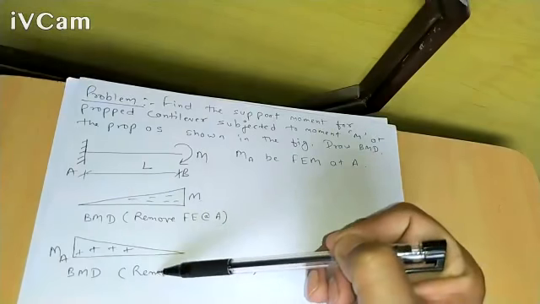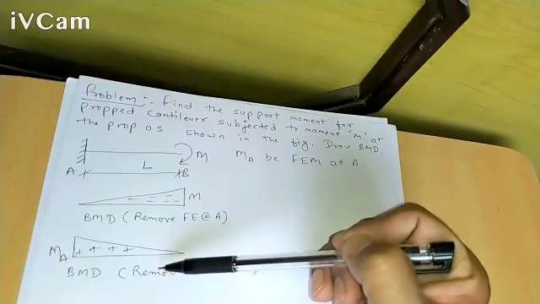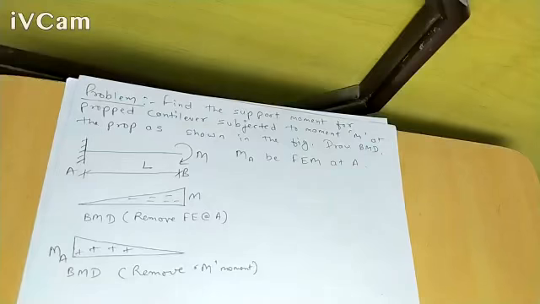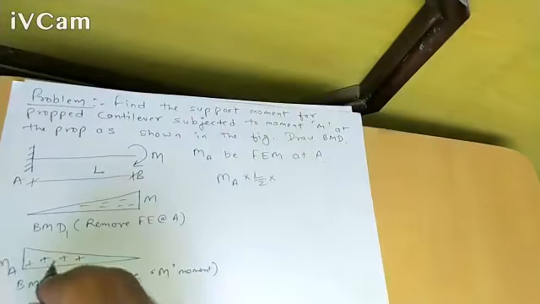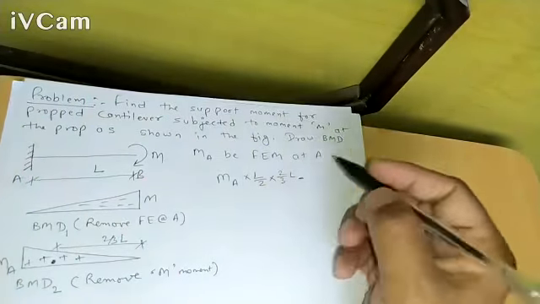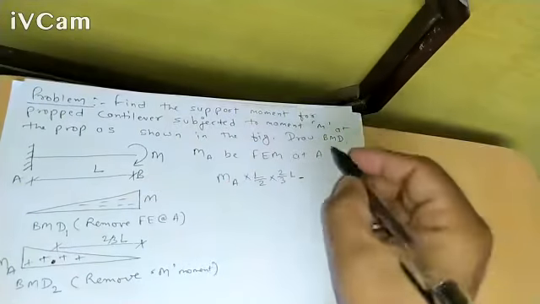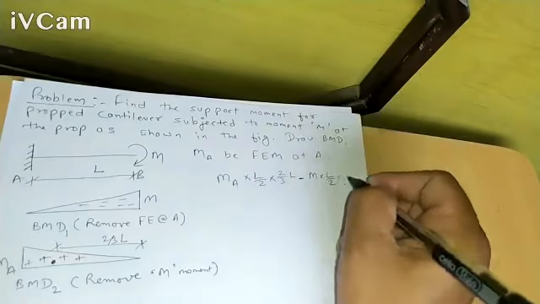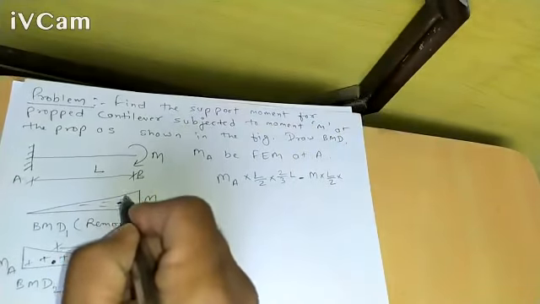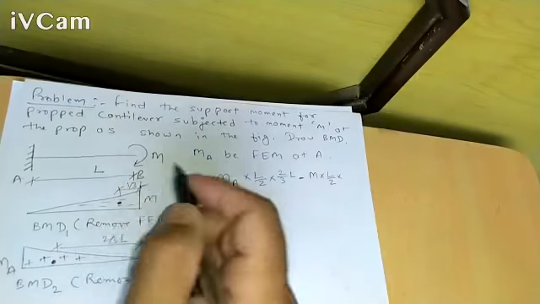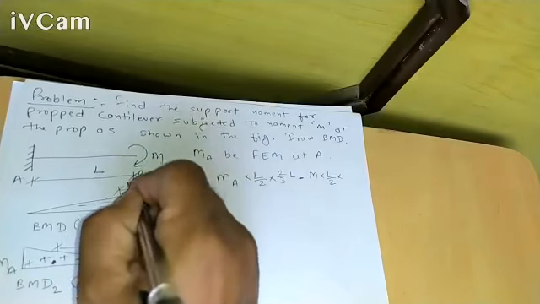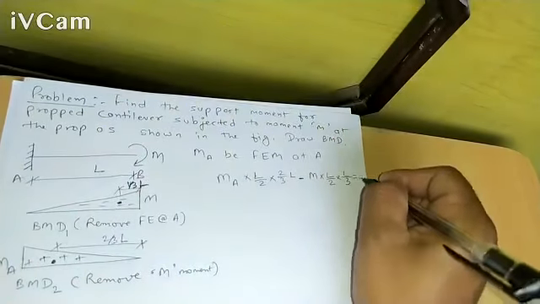So MA multiplied by L by 2 and multiplied by 2/3 L, and minus M into L by 2, and now here this would be 1/3 L, and that is going to be 0.